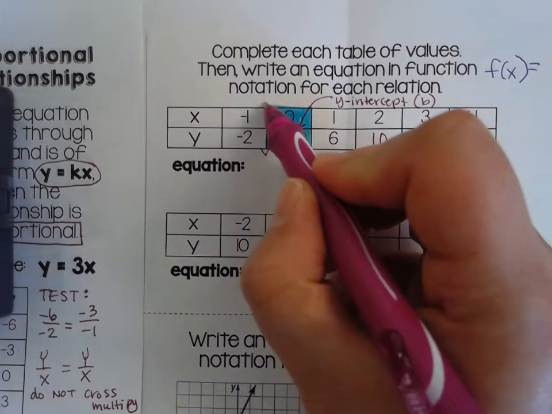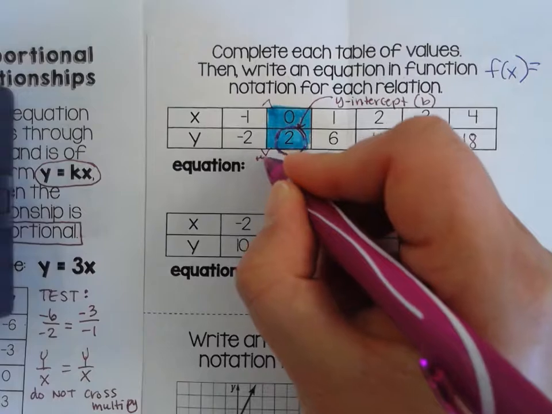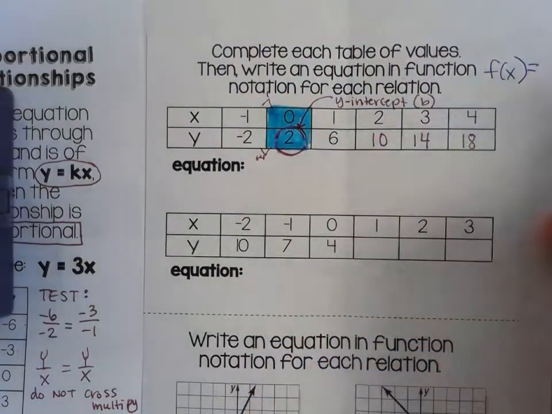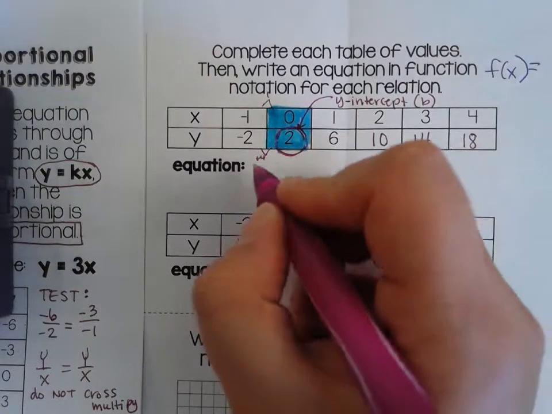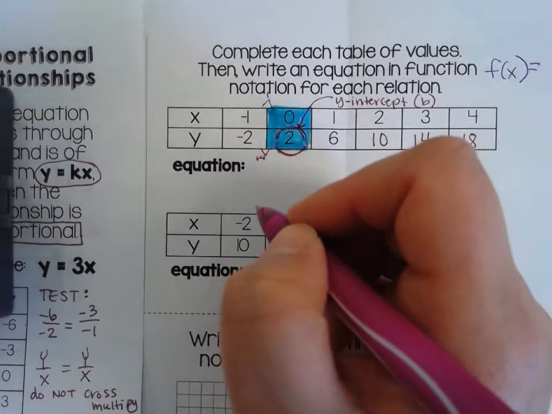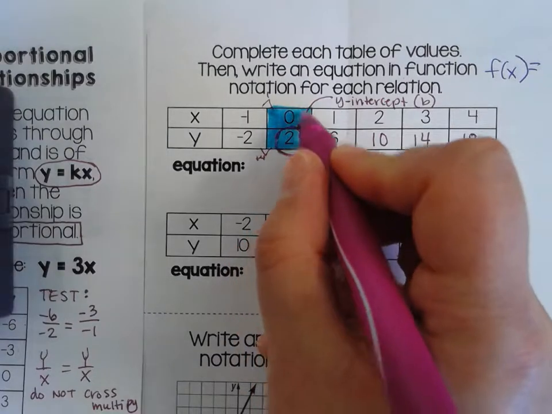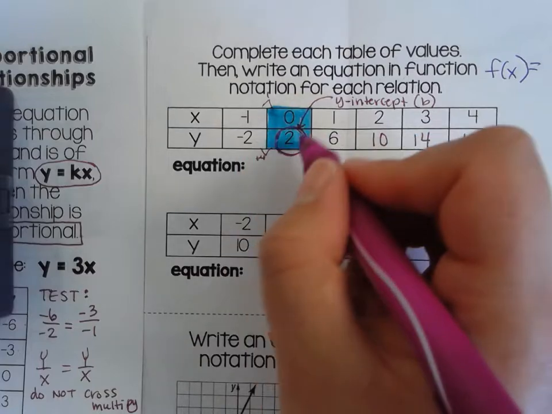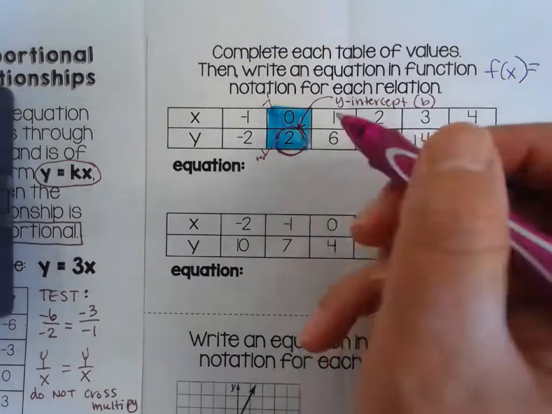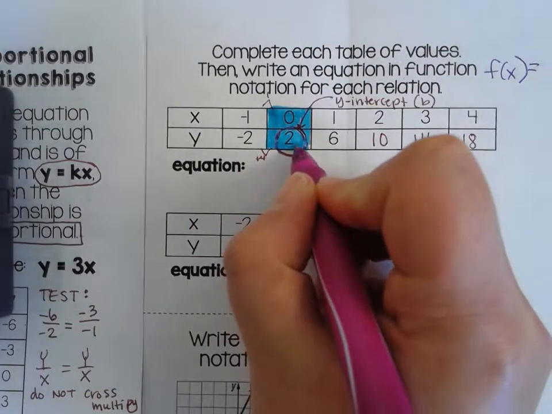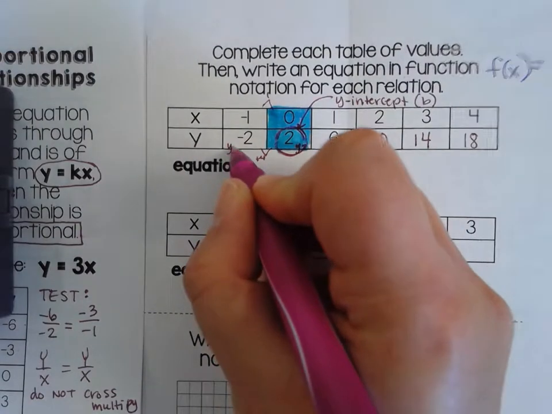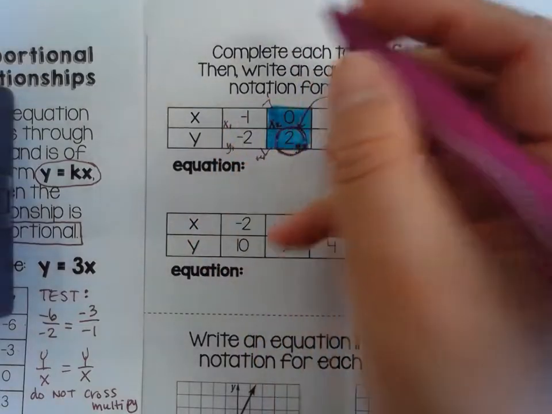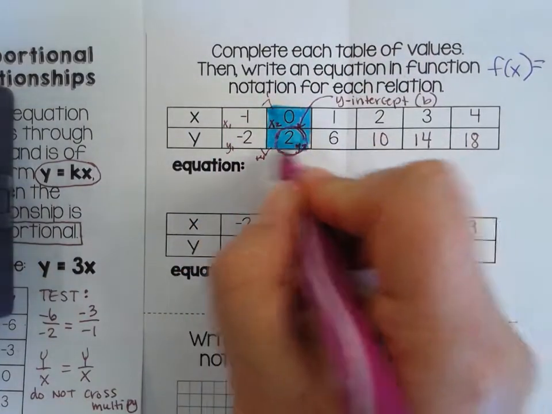It looks like we're changing by 1 each time. So from -1 to 0, 1, 2, 3, 4, changing by 1s. And so what we might do is just say, hey, let's take 2 points and do the slope formula real quick to verify that our slope is 4. So here's my y2, here's my y1, here's my x2, here's my x1, and I'm going to do the y2 minus y1 first.